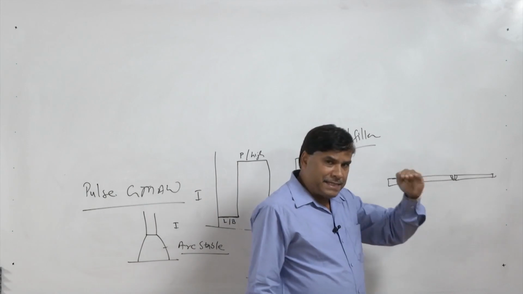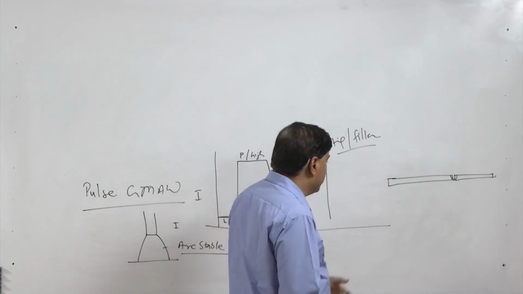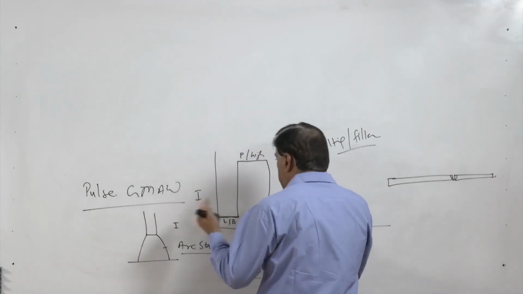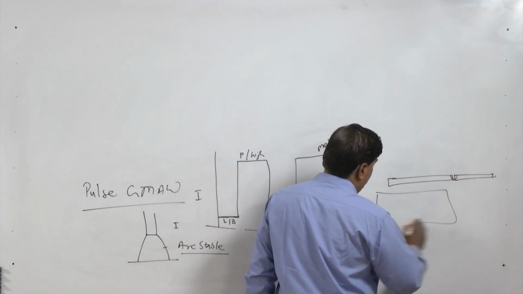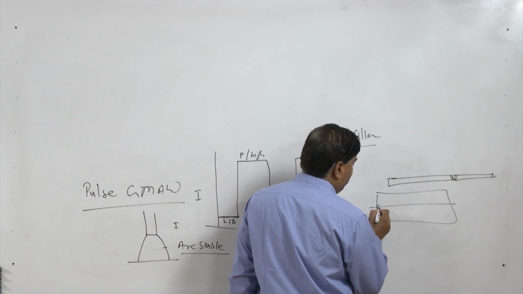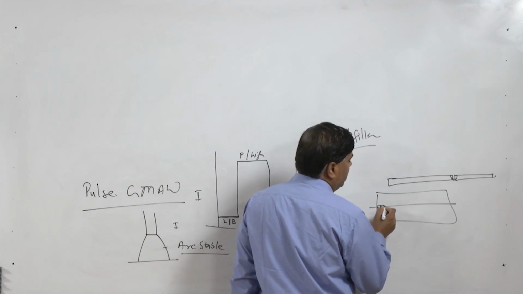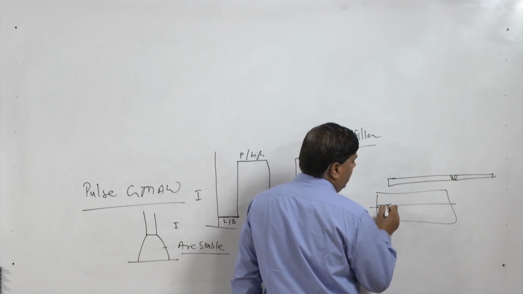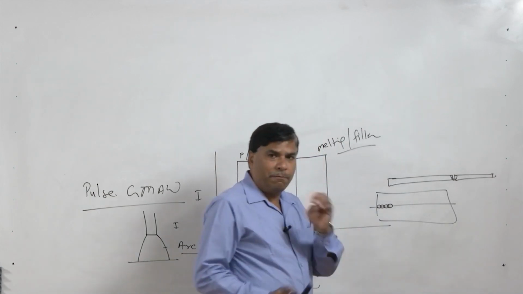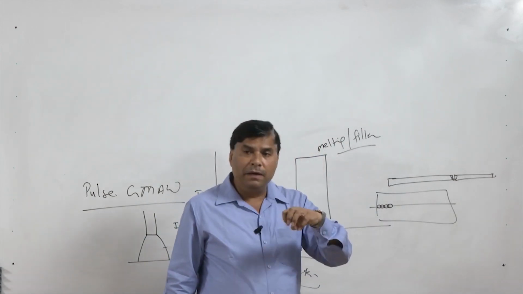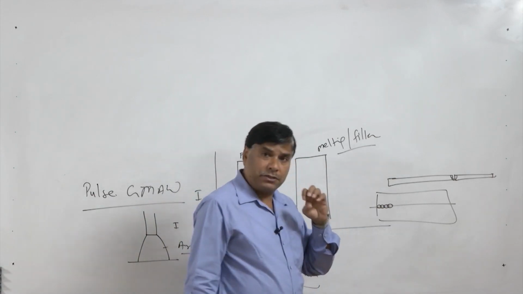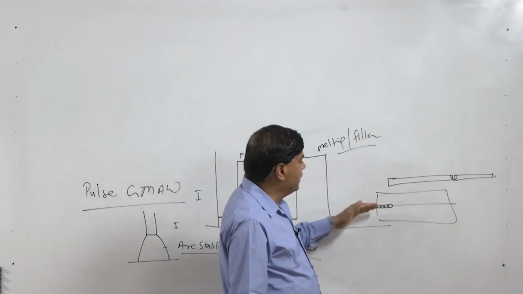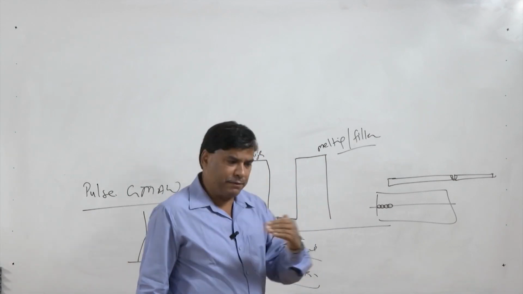The pulses will be supplied at different intervals as per the chosen frequency. If this is the weld line, one pulse will come here, another pulse will come here, another here, at certain intervals of time. One pulse will develop one pool, melt through the thickness will take place, then its solidification will take place, and then another pulse will come after some time.